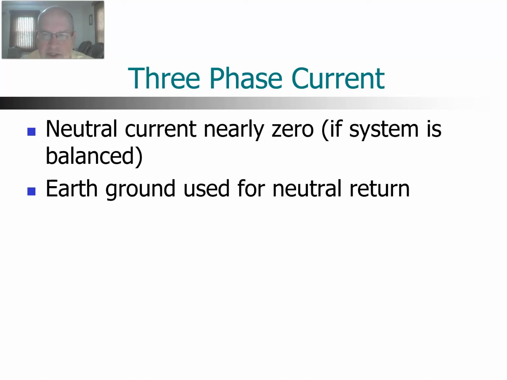In other words, if each of the phases is the same voltage and each of the loads is the same impedance. Now, it turns out if it's not balanced, if the impedance of the three loads is a little bit different from one another, then you're going to get a little bit of current in the neutral, but it'll be fairly small compared with the phase currents. So it really doesn't matter too much if you have a high resistance path due to the earth ground being used as a neutral.